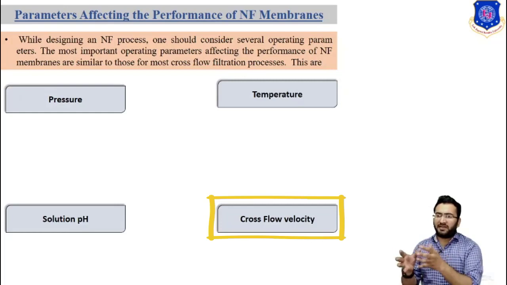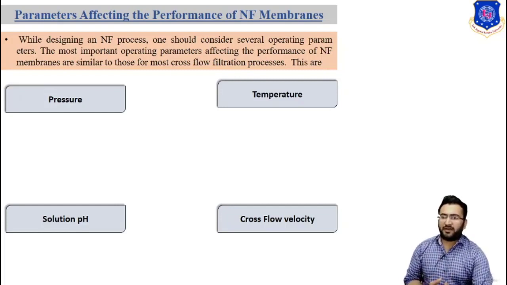However, the mechanical strength of the membrane and the construction of the element and system hardware will determine the maximum cross flow velocity that can be applied. Running a nanofiltration membrane at too high a cross flow velocity may cause premature failure of the membrane and module. So, it is necessary to operate the nanofiltration plant at an optimum cross flow velocity.